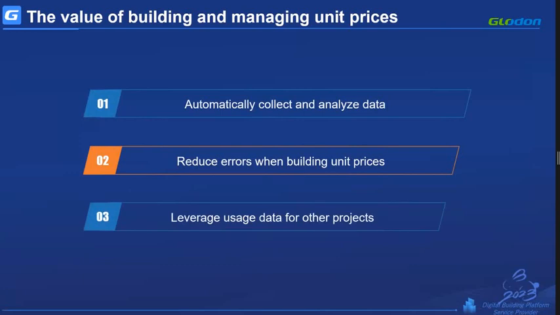And after that, the most important thing in our TBQ is that we have the unit rates and also the resource library. It can help you automatically collect and analyze the data and reduce the errors when building unit price, and also leverage the data for other projects.